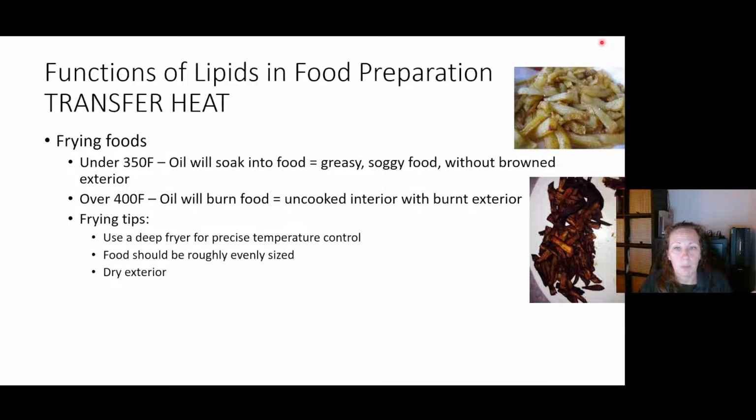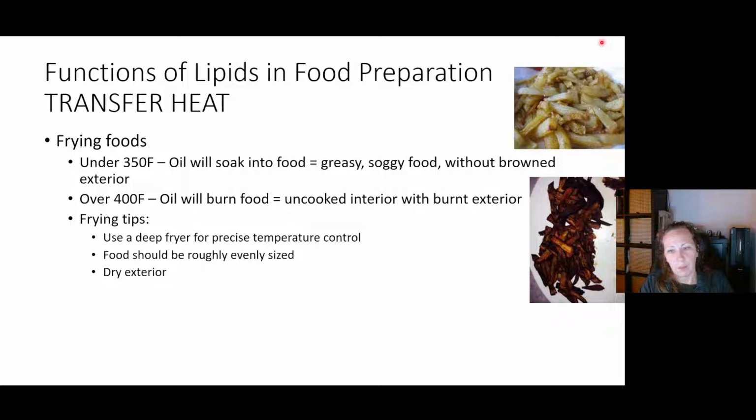A great example is that we just got out of Thanksgiving and turkey frying season. If you've never seen a video of somebody practically burning their house down with a turkey fryer, watch that sometime. There are several things that people do wrong. One, they put the fryer too close to their house.